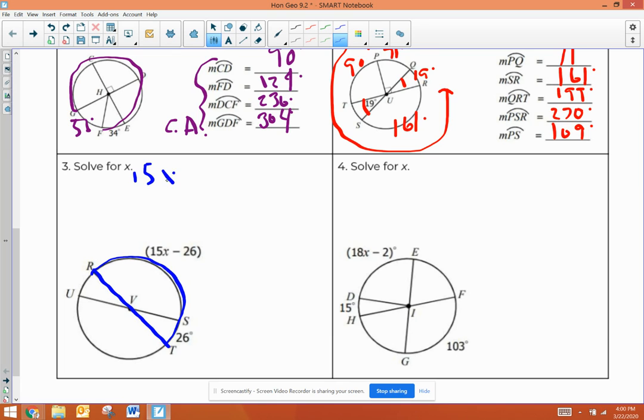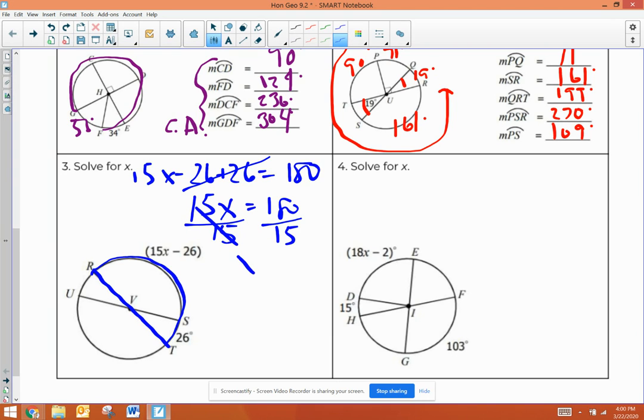So 15x minus 26 plus 26 equals 180. Minus 26 plus 26, additive inverses. So 15x equals 180. X equals 12. Cool for us.